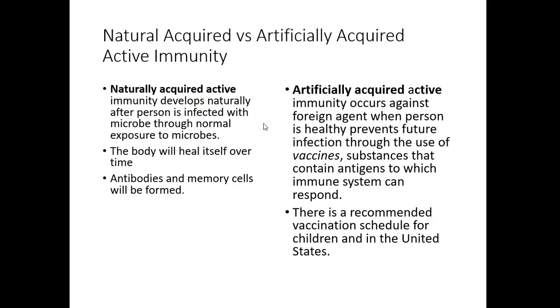So you are having the antigen, because that piece of bacteria, that piece of virus is serving as the antigen, put into your body under artificial but controlled conditions, but your body is the one making the antibodies. You are eliciting your own immune response. You are helping it to develop that memory. And that's why we go by that schedule, and you'll have one vaccine, two vaccines, and oftentimes boosters.